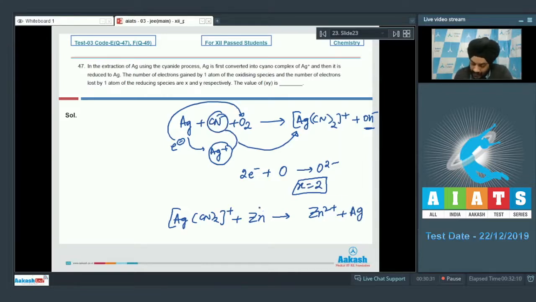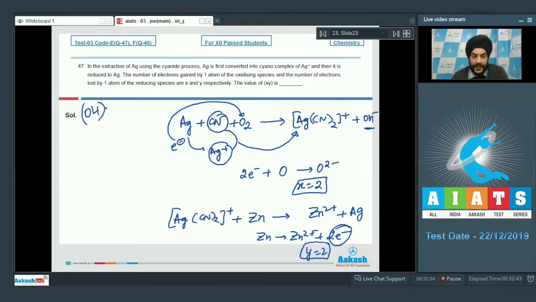The electrons are gained by Ag and the electrons are lost by zinc. So zinc converts into zinc 2 plus and it loses 2 electrons. So the value of Y is also again equal to 2, students. The value of X is 2, the value of Y is also 2. So for this question, we have to mark the correct answer as 04. Let us look at the next question now.